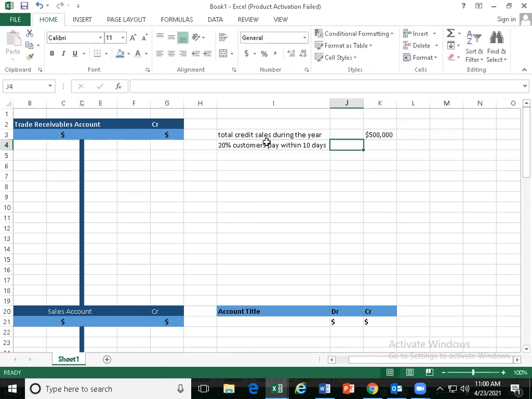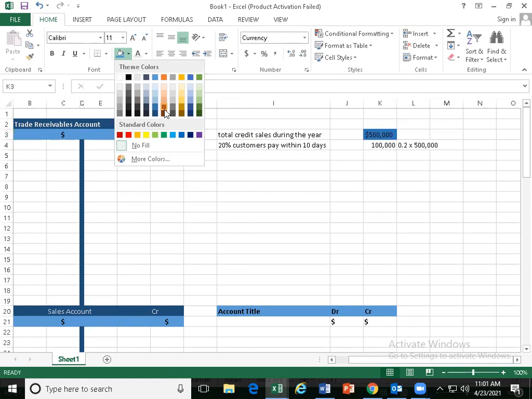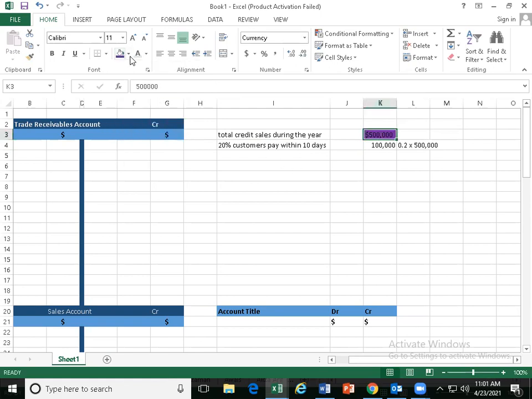So all we need to do is 20% of 500,000, 0.2 times 500,000. That simply gives me 100,000. So 500,000 times 20%, $100,000 as per the data provided were paid within the first 10 days.